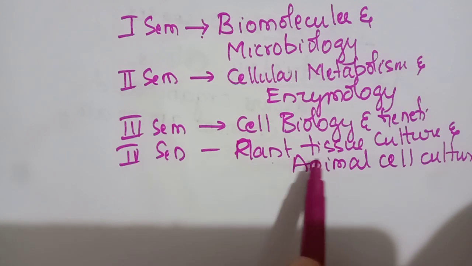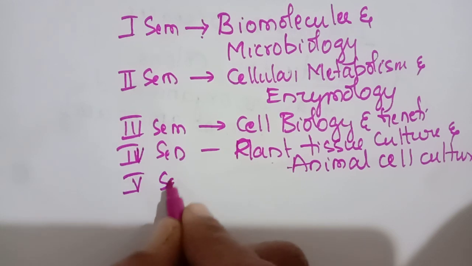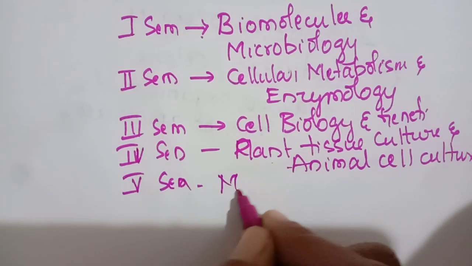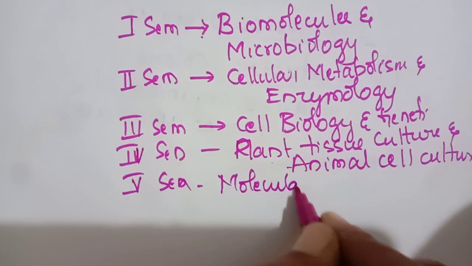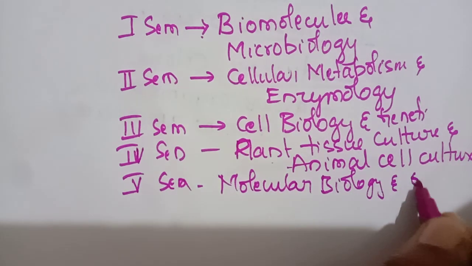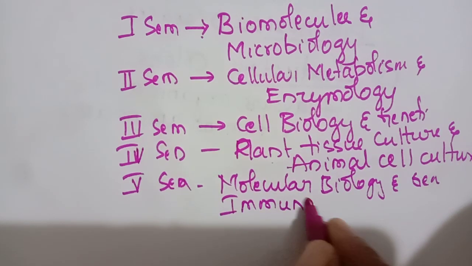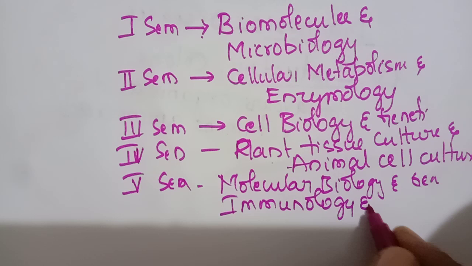Plant tissue culture and animal cell culture you will study in the fourth semester. In the fifth semester you will study molecular biology and genetic engineering in one paper, and then immunology and medical biotechnology.